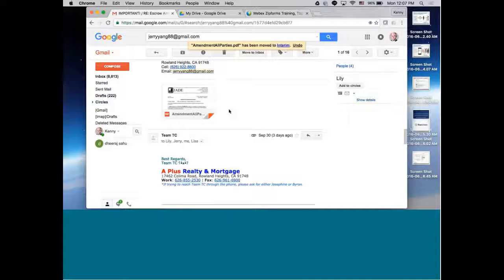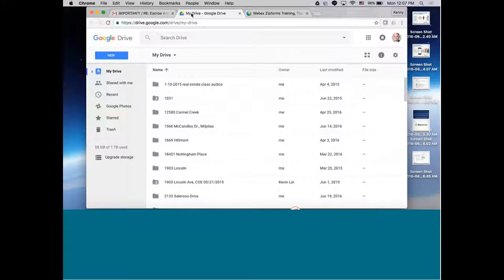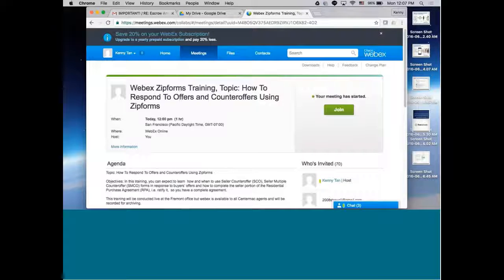And then from my Google Drive folder, I can usually import documents into my Zipform. And how do I do that? Okay. Let's go to my Zipform.